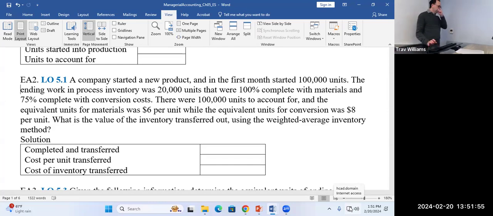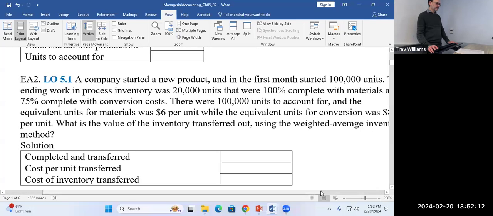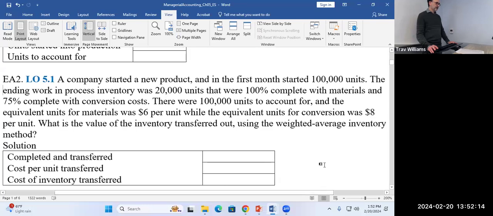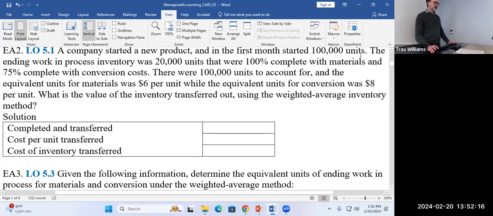Right, so in this exercise, we are dealing with costs. A company started a new product. In the first month, they started 100,000 units.